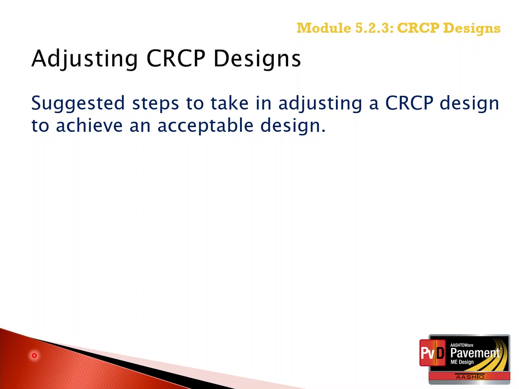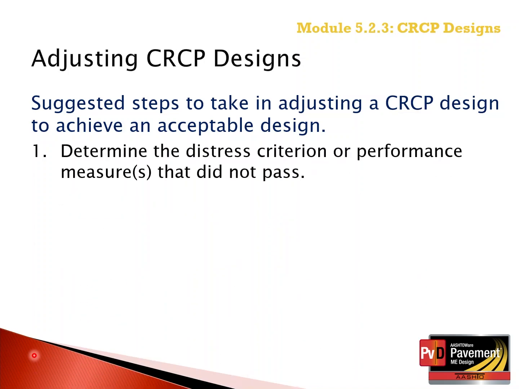Some suggested steps the user should take in adjusting a CRCP design to achieve an acceptable design are going to be discussed with this slide. The first, the user should determine the distress criteria or performance measure that did not pass.